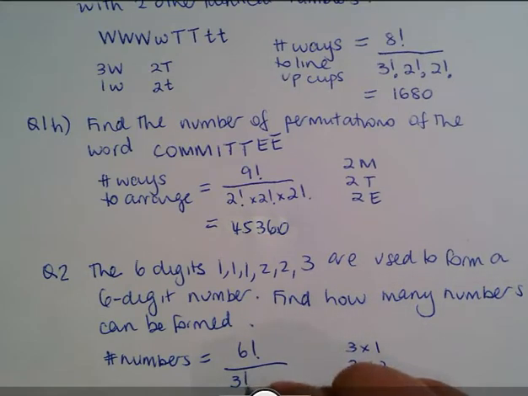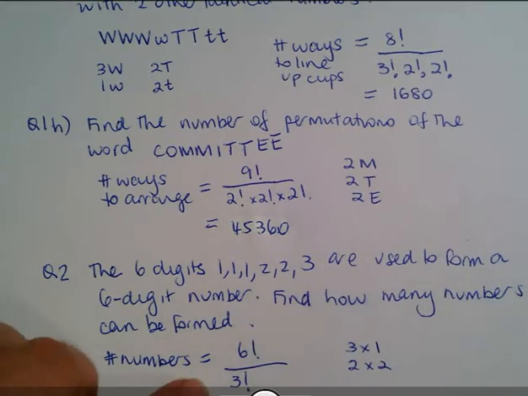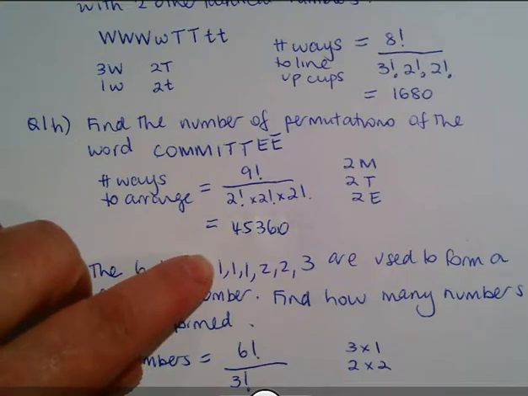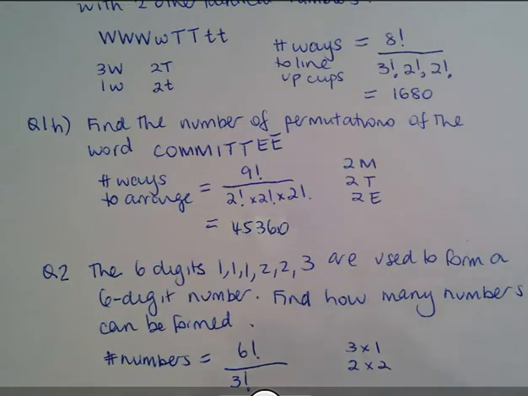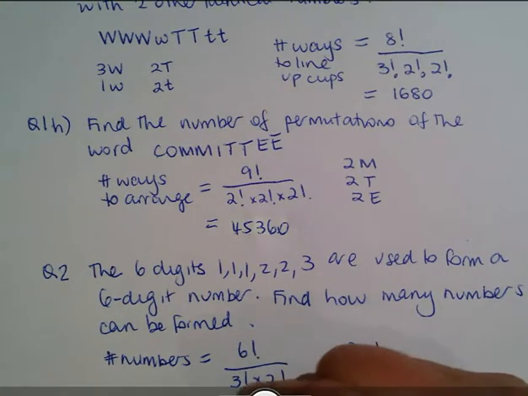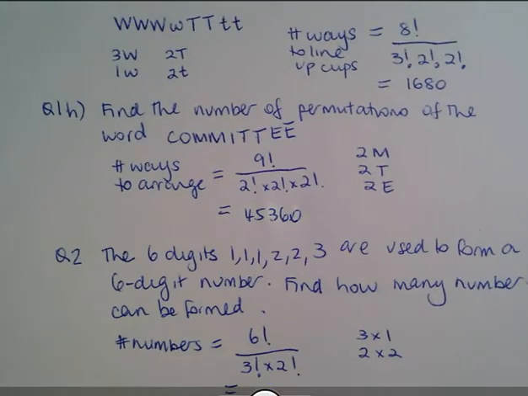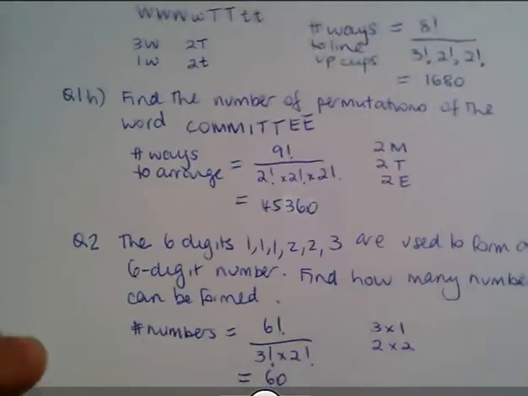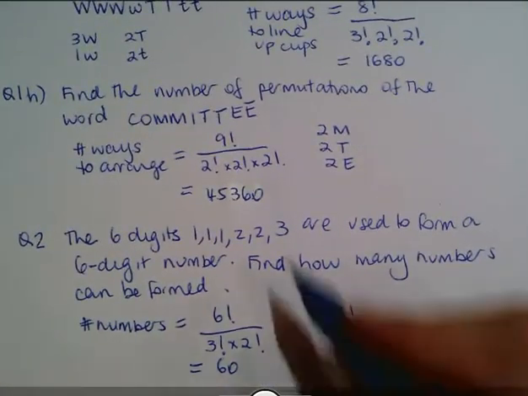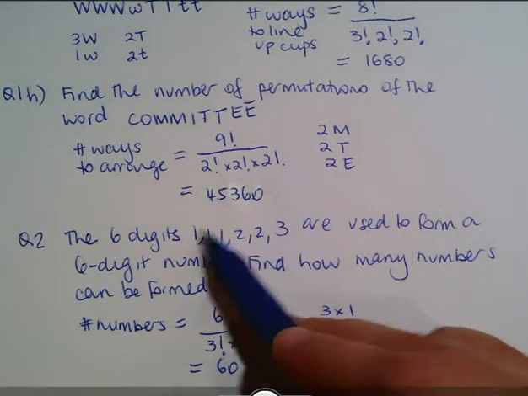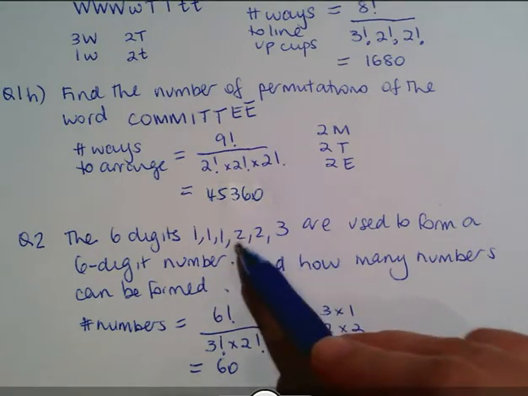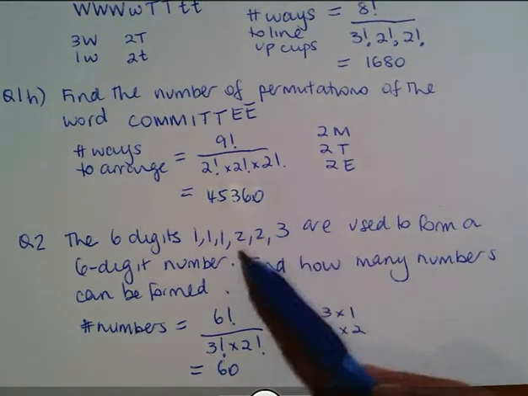So we have to divide by 3 factorial for the 1s, and we have to divide by 2 factorial for the 2 repeating 2s. Okay, so there are 60 different ways, because remember, these 3 1s can't be distinguished from each other, and neither can those 2 2s.